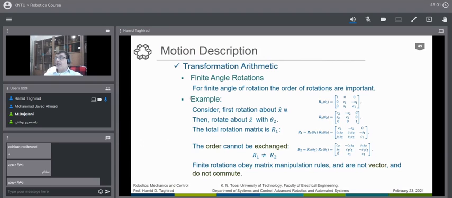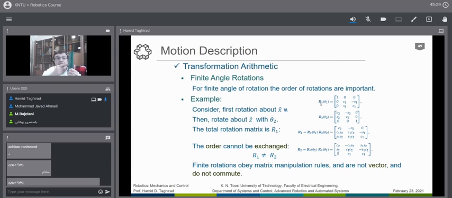Let's say we have a rotation matrix with an angle theta about x. We first rotate the system around x. Let's say we have x, y, and z, and the angle is 90 degrees.